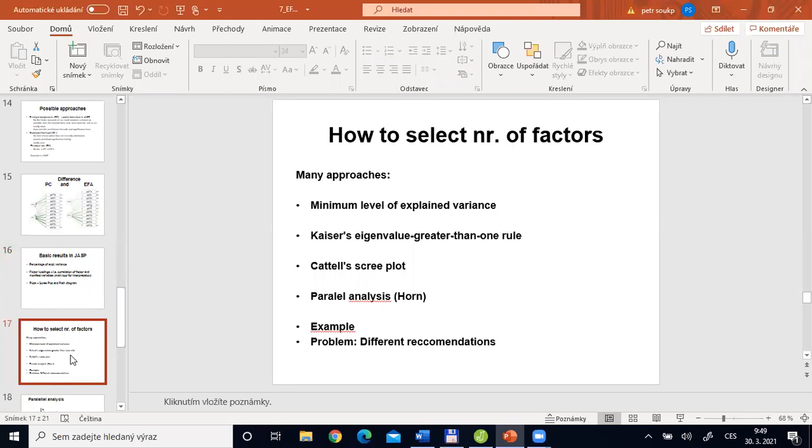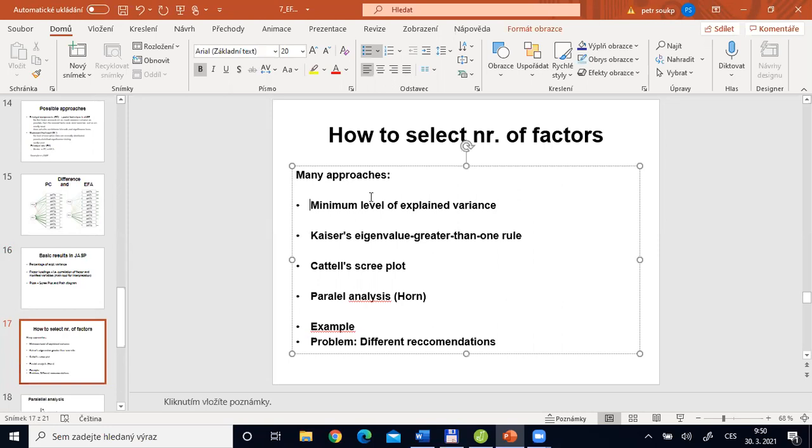But the simplest rule says that I would like to have at least some level of explained variance. There are different rules in the literature, but I wouldn't propose to follow this criterion, as different estimation techniques explain different levels of variance, and that's why this rule couldn't be general.